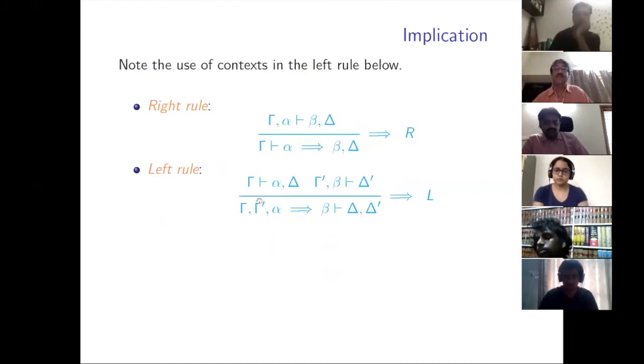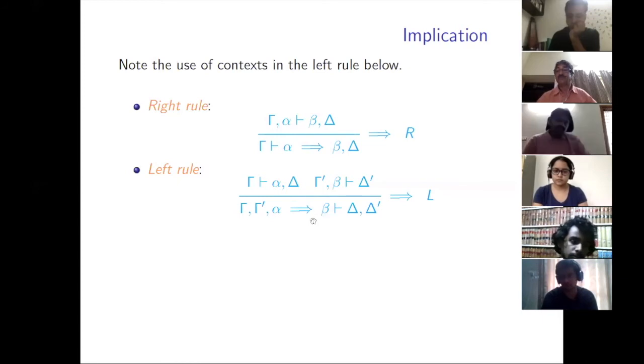So, once again, to see the soundness, assume consequence here, consider a model that makes gamma prime true and alpha implies beta true. You want to show that it makes either delta true or delta prime true. Well, we know that the model makes alpha implies beta true. So in that model, either alpha doesn't hold or beta holds. Suppose beta holds, this model makes gamma prime true, makes beta true, therefore it makes delta prime true.